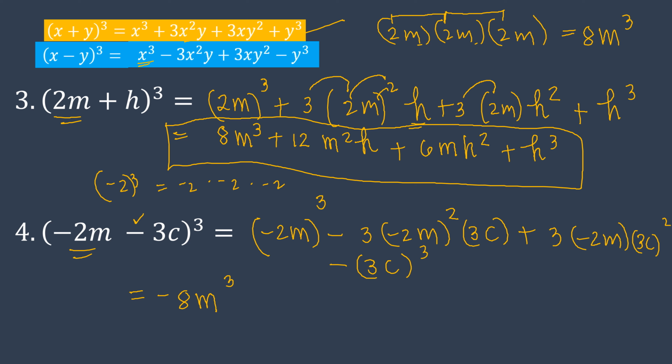So negative 2 to the power of 2, that means negative 2 times negative 2, that gives us positive 4. Positive 4 times 3 will be 12. 12 times 3 will be 36. So this is negative 36 m squared because there is a 1 there and a c.